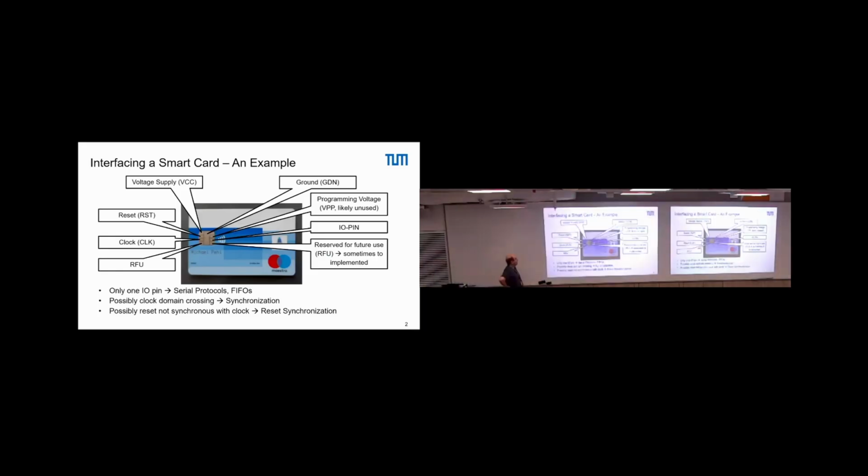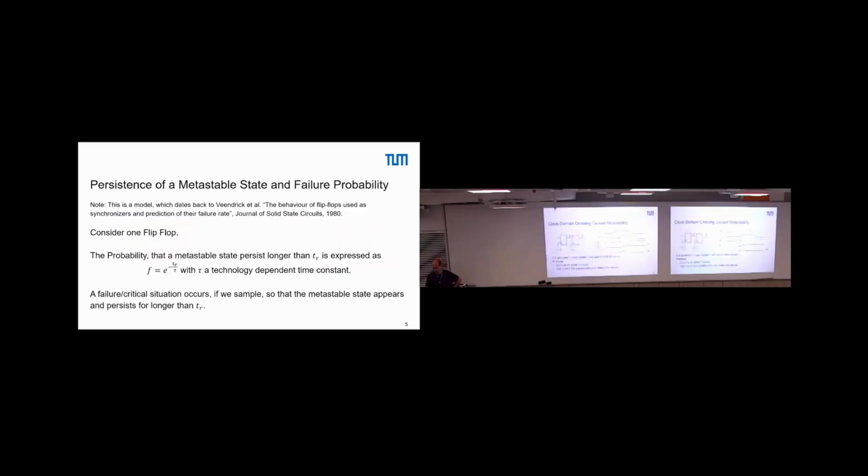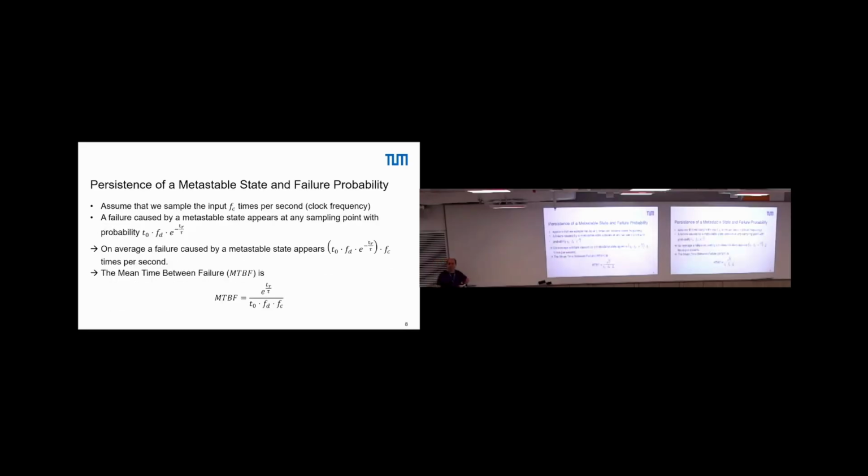So the main new topic of yesterday was the synchronization stuff. And for the first part, this metastability issue, there's hardly anything to be recapped. We just derived the formula for this mean time between failure.